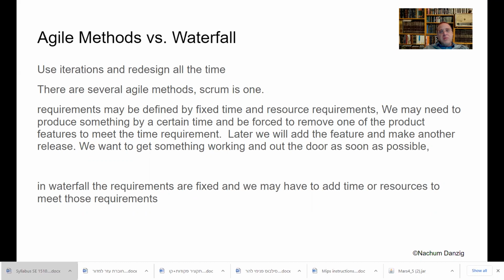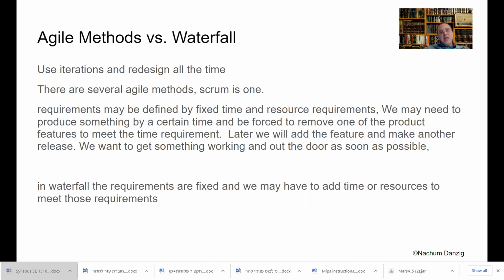There are several agile methods. Scrum is one. A lot of the time Scrum is part of the official agile method. We'll talk about it more later in the course, but the basic idea is, you have features.